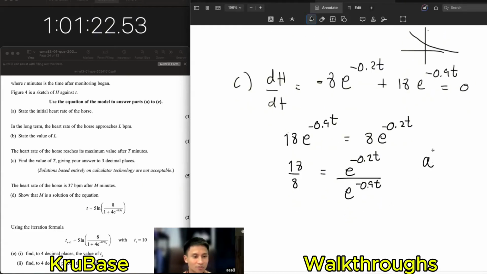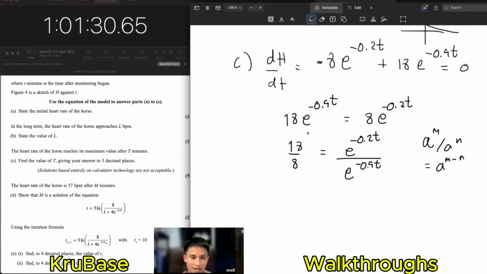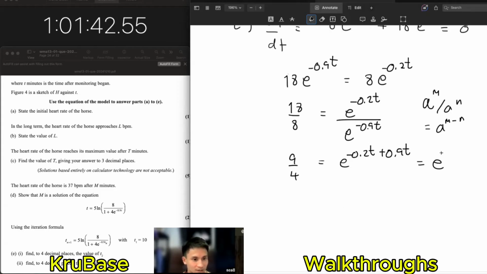It always helps. When we have that divided by that, it's a to the m minus n. So 18 over 8 is just 9 over 4 equals e to the minus 0.2 minus minus 0.9, so it's a plus, which is e to the 0.7 t. Just adding up the terms. So e to the 0.7 t is 9 over 4.